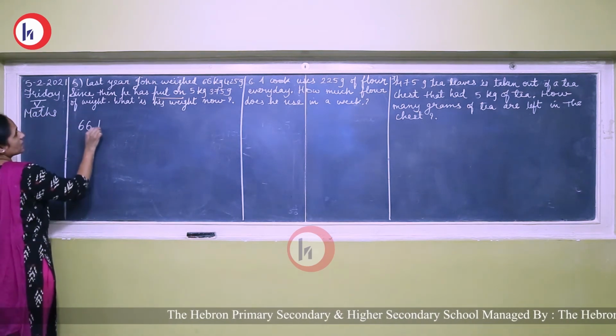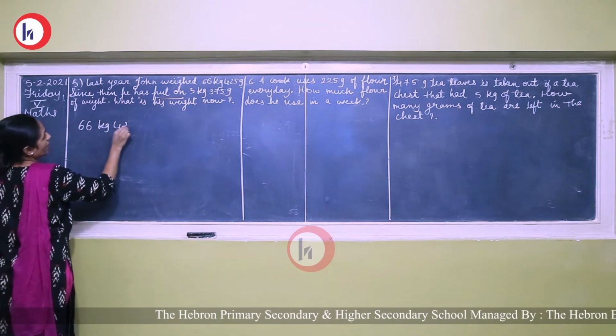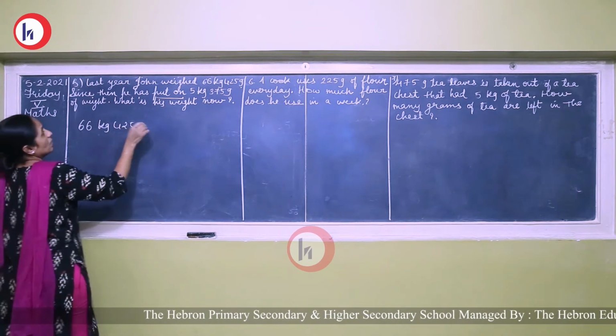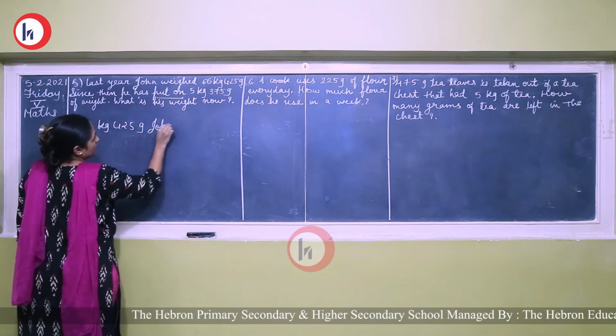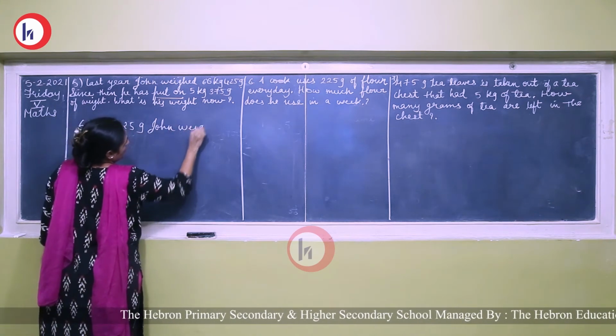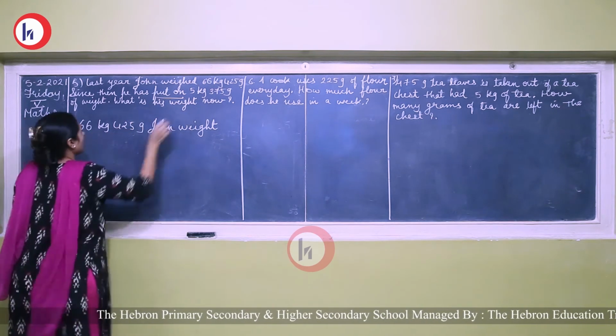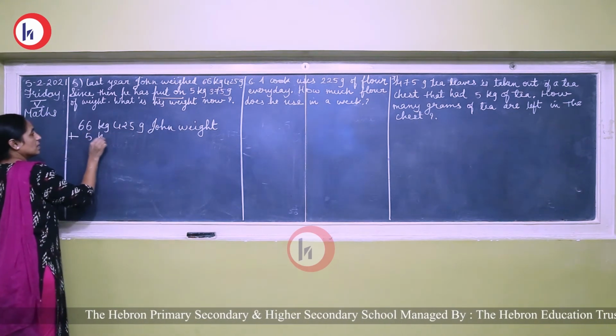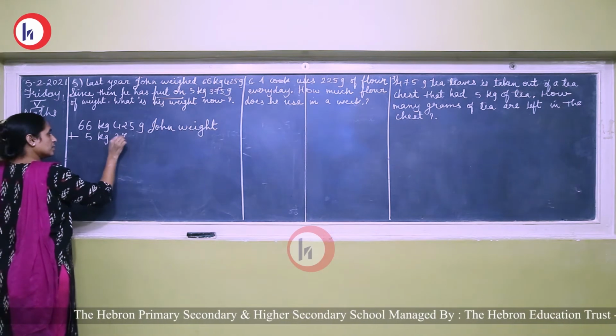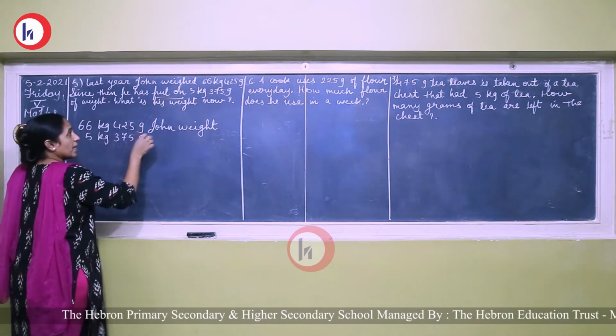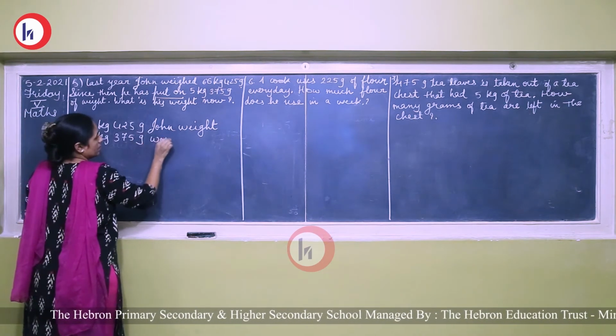Write down 66 kilogram 425 gram, John's weight, plus 5 kilogram 375 gram, weight put on.